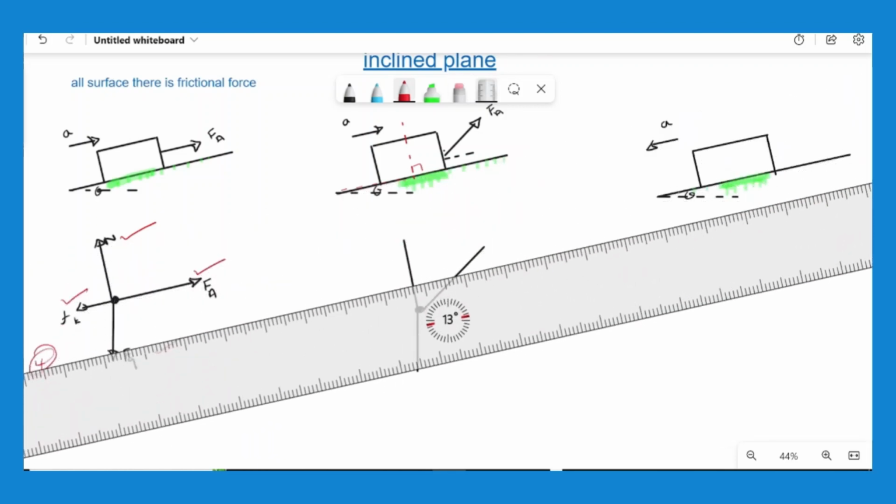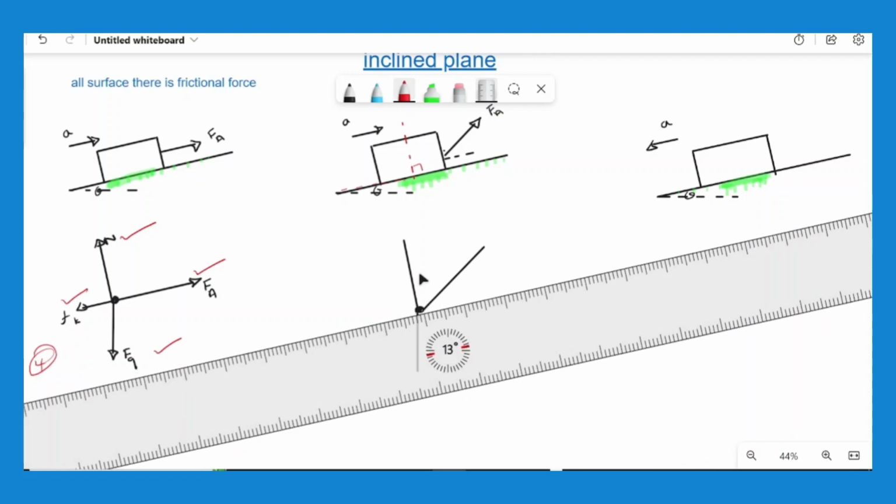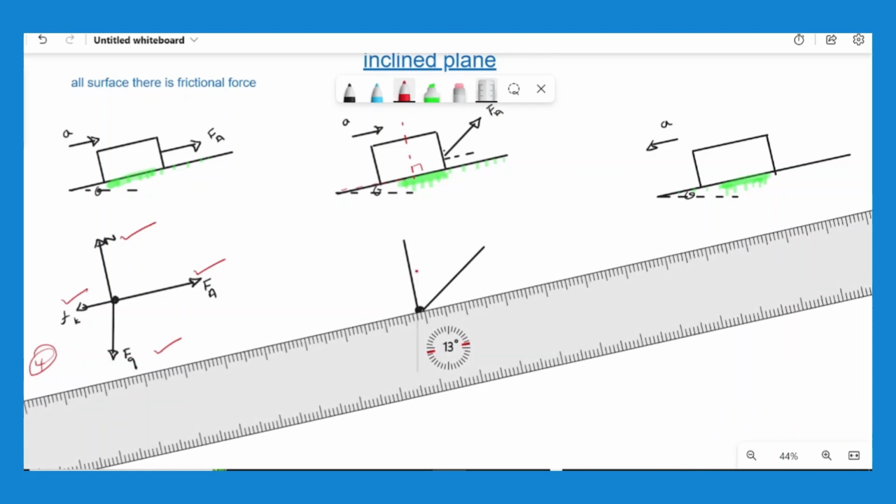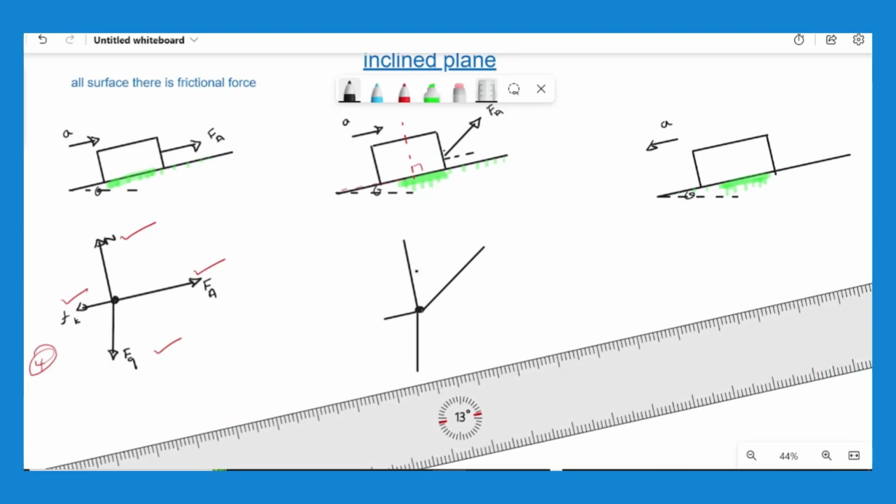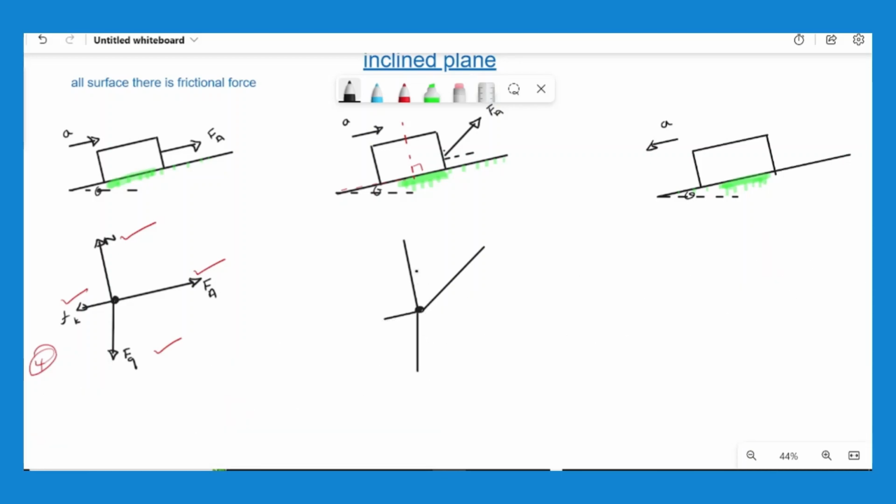So I'm going to take my frictional force that is acting downwards. Not downwards, it's opposing the motion of the object. Given that the object is going up, the frictional force is going to go down. And again, I can say that this is my Fg.